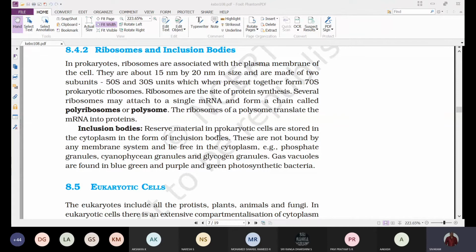These are all enclosed inside the vacuoles, called gas vacuoles, which later reach the surface, and finally they are released outside. These are some of the inclusion bodies that we observe in prokaryotes.